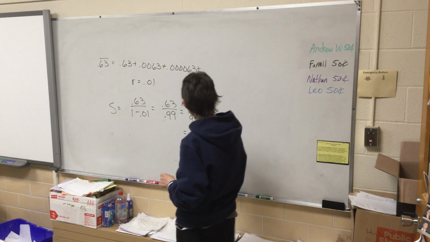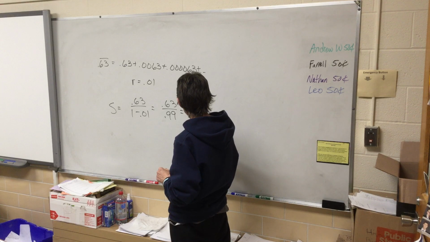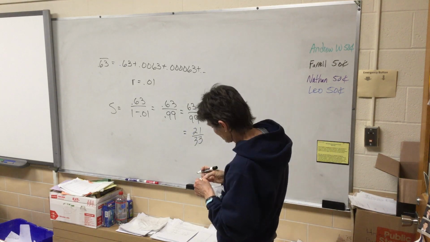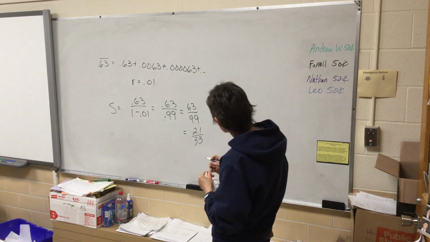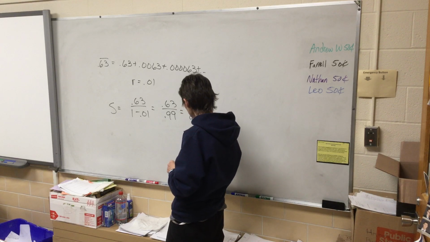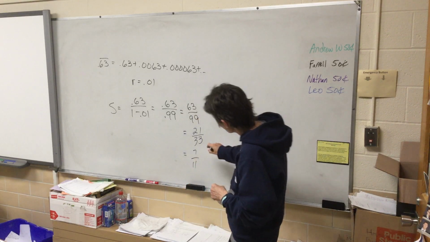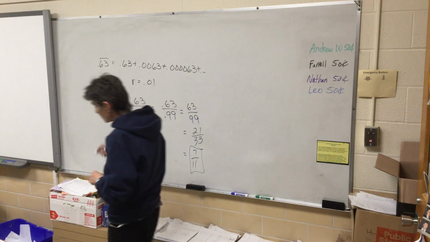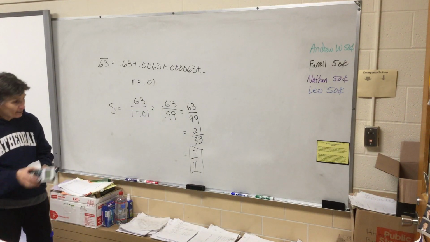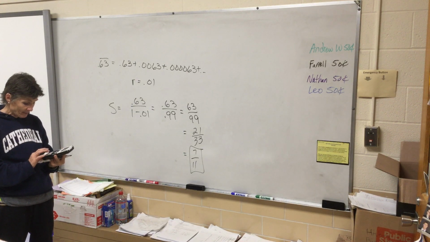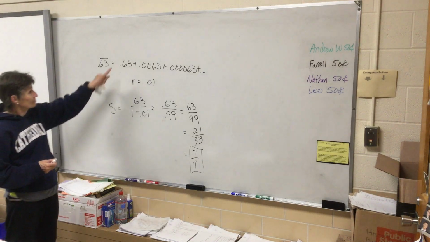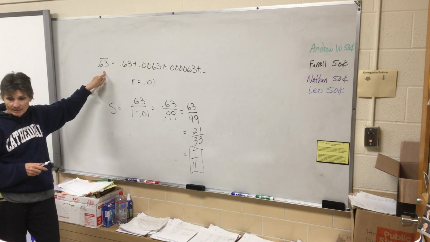So 3 will bring it down to 21/33. Does it go any farther than that? 7/11. So one more 3 can come out. I could have done 9 out of the original, or 3 twice, but yep, 7/11 is the fraction for 0.63 repeating. Let's double check that. 7 divided by 11 on my calculator. Guess what it gives me? Repeating 63s.